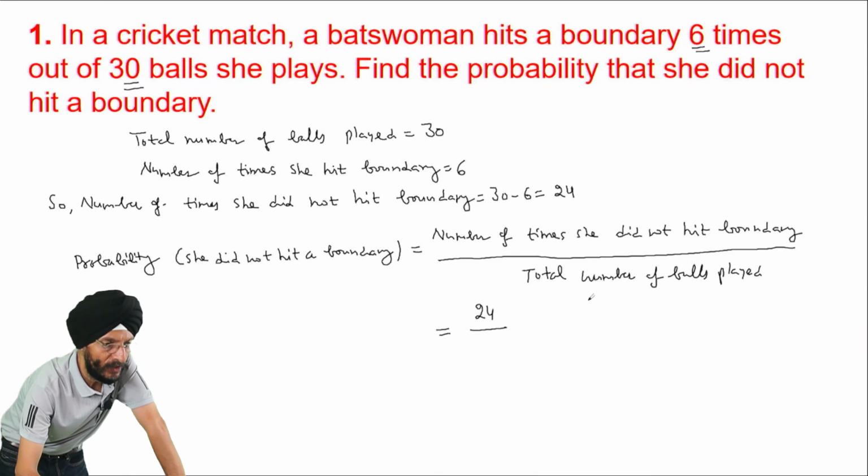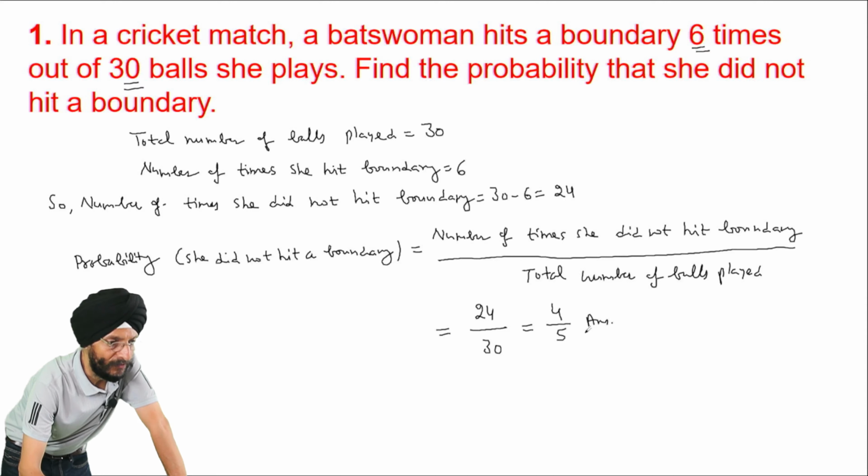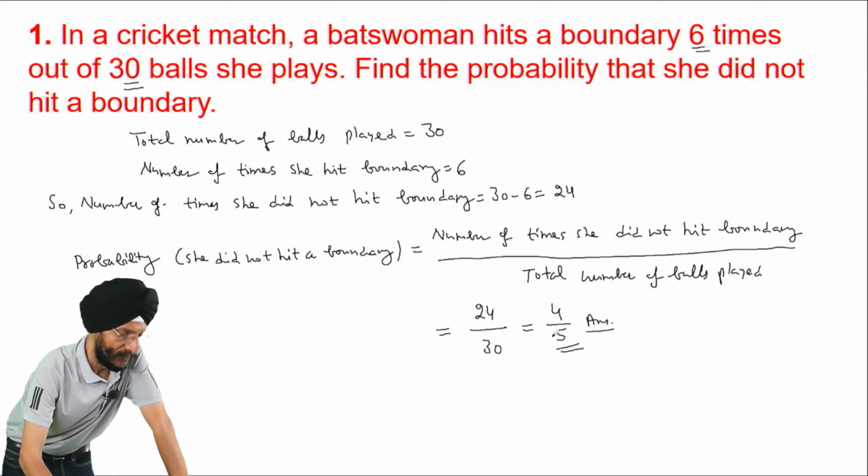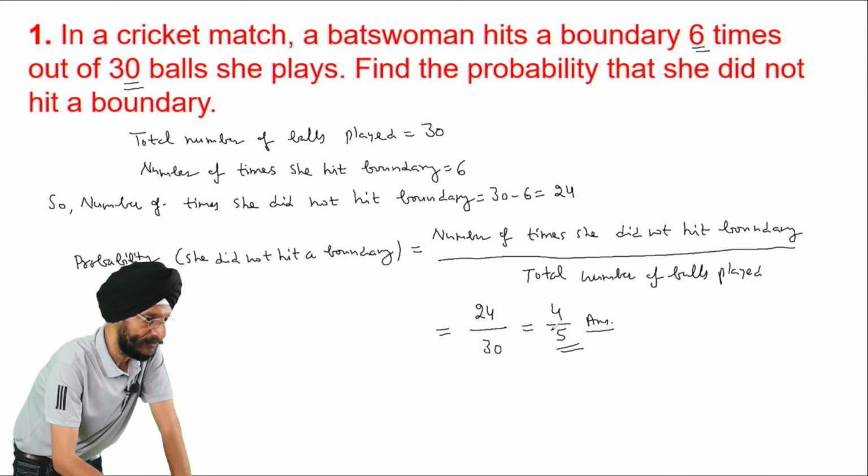This is 24 and the total number of balls are 30. So here each of this item will be divided by 6 and the answer will come 4 over 5. This is the answer.